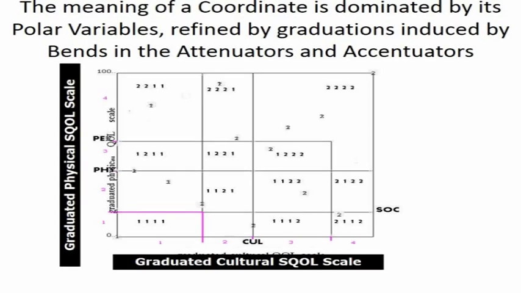So we interpret the x scale as the graduated cultural quality of life scale, because it's based on the cultural well-being, partitioned further by the social and the mental well-being. And the same for the vertical axis, that is the y-coordinate scale. We call it the graduated physical quality of life scale. It's based mainly on the physical well-being, but it's finely graduated by the social and the mental well-being.